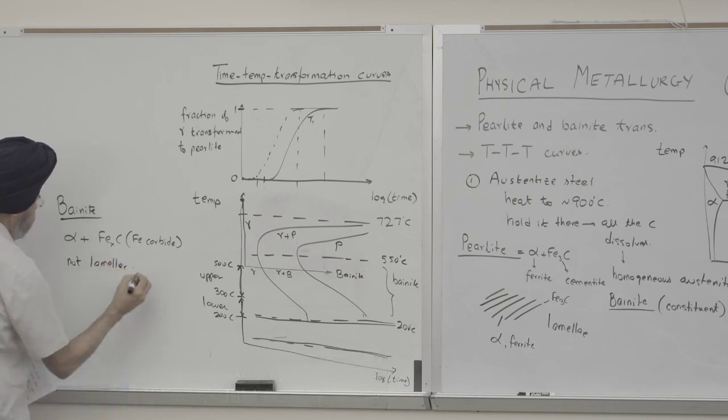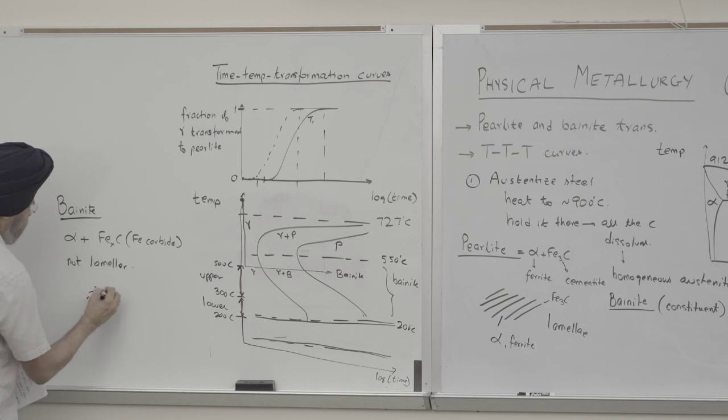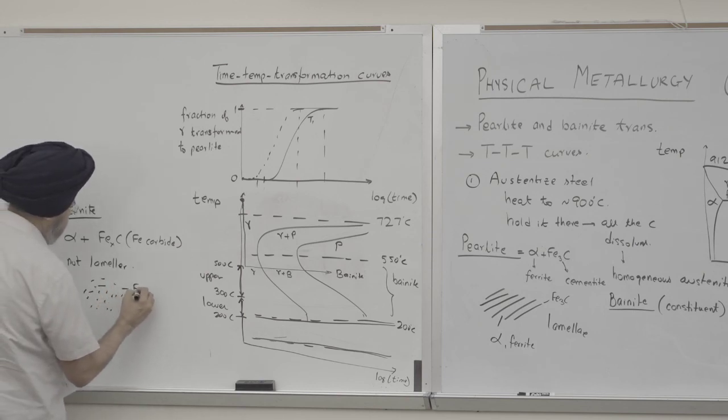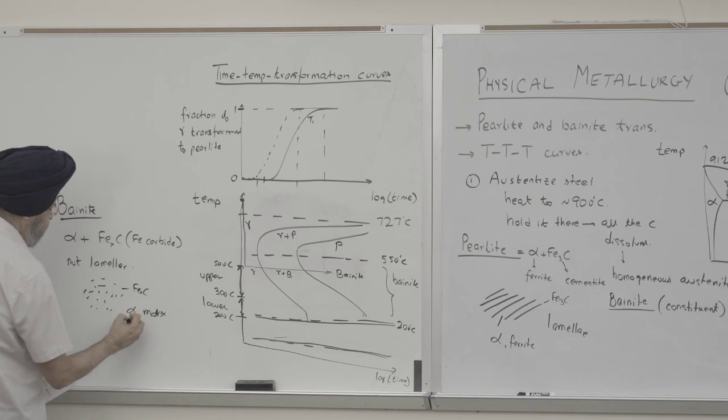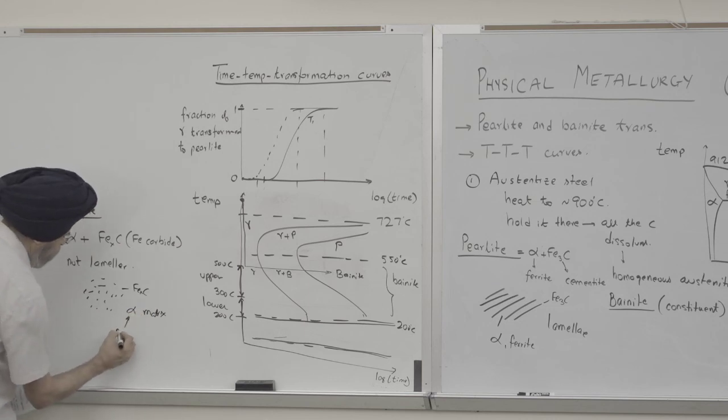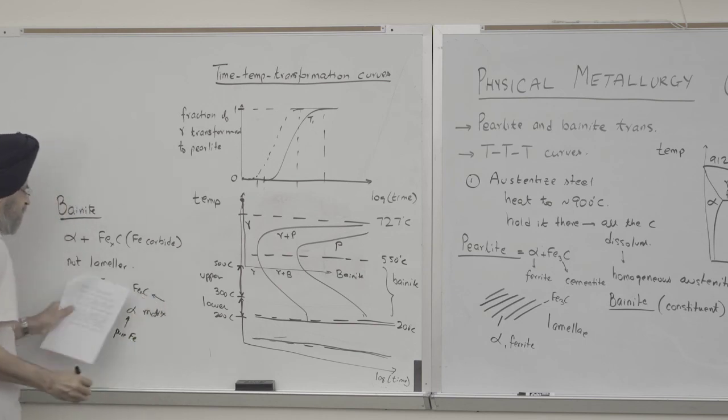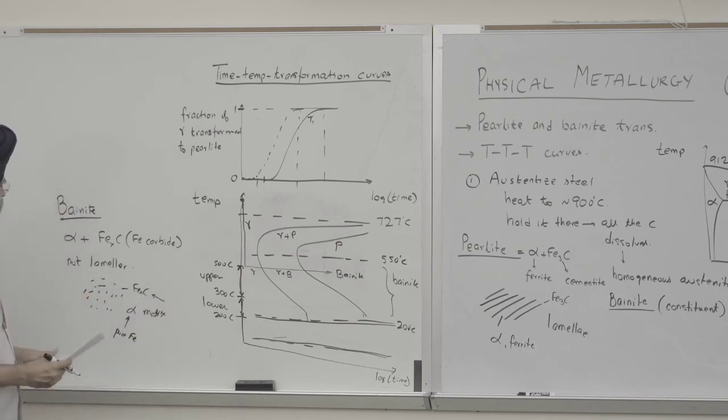It is basically sort of dispersed FexC in a matrix of the alpha, which is essentially close to pure iron. So most of the carbon goes into this carbide.